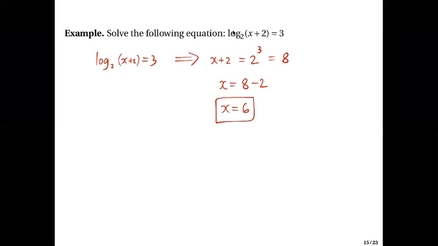And inside the logarithm, it must be positive. So 6 plus 2, that's positive 8. So this is well defined. And then you compute if needed, you verify the validity. And how do we do the checking on this part? Checking.